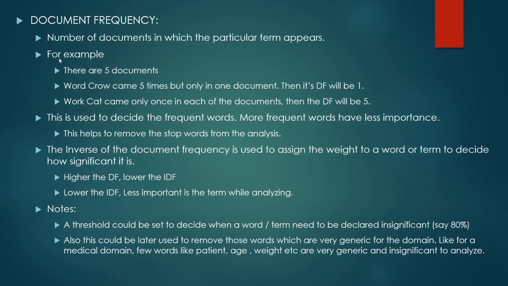Now let us take an example. Suppose there are 5 documents and there are 2 words. One word is crow and the other word is cat. Now let us see how you can define the document frequency. Take the word crow. We are assuming that this word crow comes 5 times, but only in one document among these 5 documents.